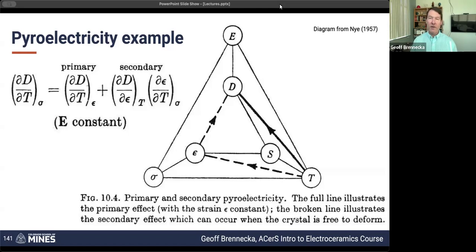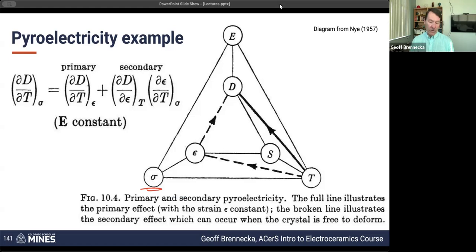Let's think briefly though about what it means for each of these kinds of parameters to be held constant. So I mentioned stress. Stress is one. The easiest way to hold stress constant is for stress to be 0. And the easiest way to let stress be 0 is just to leave it alone, not touch the sample, and not have it clamped to anything else.